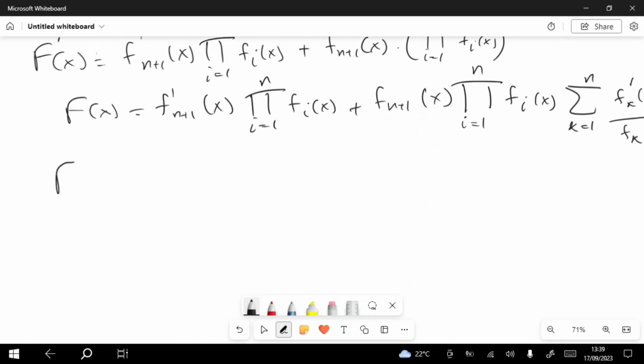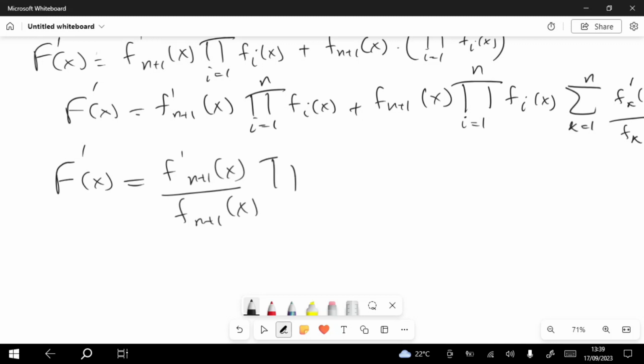So, actually, oh my god, I'm terribly sorry I didn't add the prime in there. f prime is equal to f prime sub n, f sub n+1 prime over f sub n+1 of x. And this becomes the product to n+1 of f sub i of x.